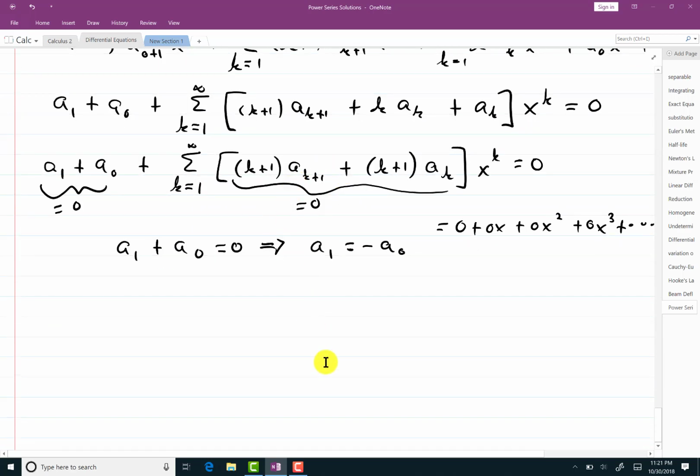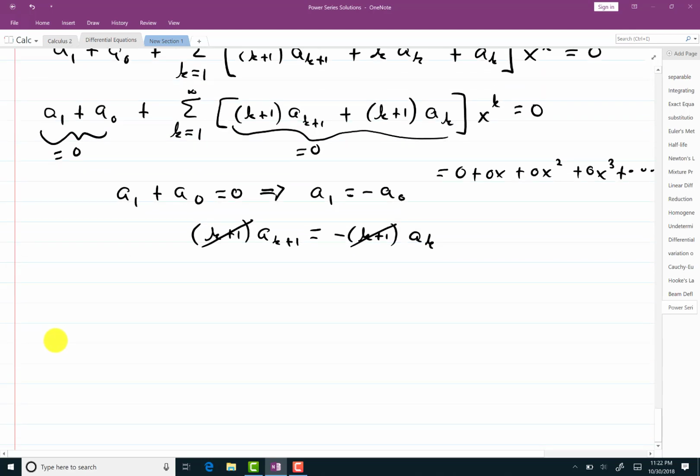Now here then, we're going to have k plus 1, a sub k plus 1 equals the negative of that, negative k plus 1, a sub k. Well, this is really nice. Let me cancel those, and we simply have a sub k plus 1 equals negative a sub k.